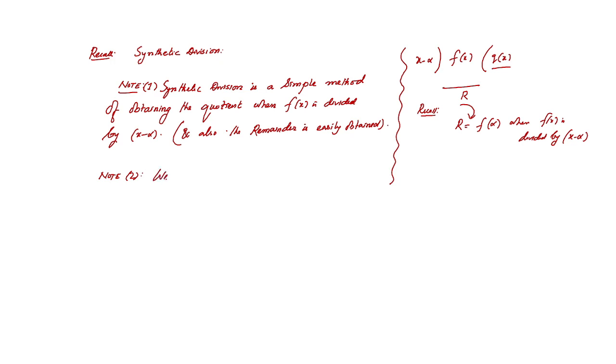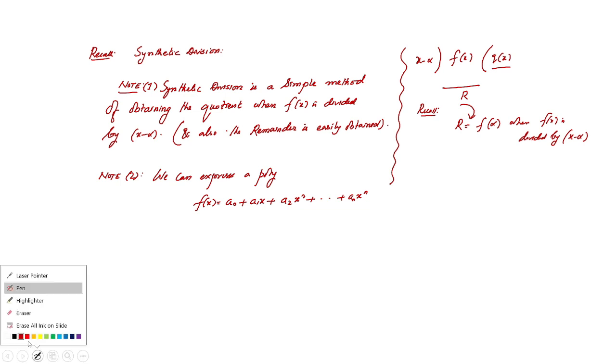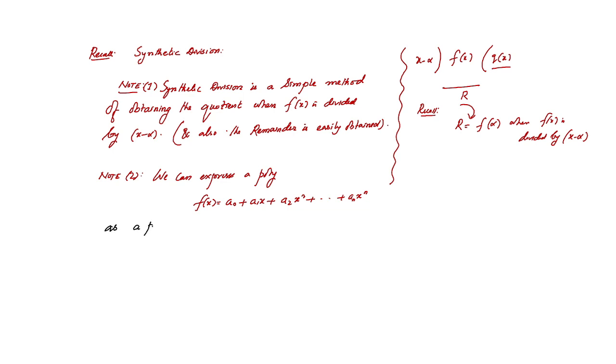So we can express a polynomial f(x) equals a0 plus a1x plus a2x squared plus up to anx^n as a polynomial in x minus alpha.